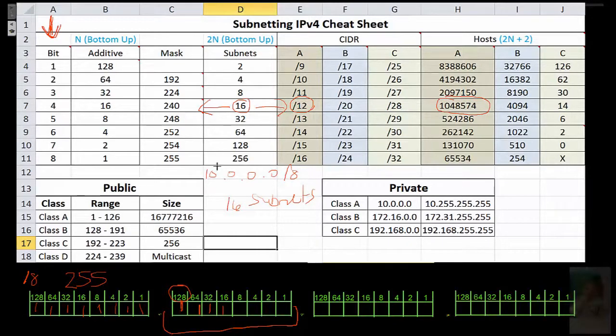And that means networks would start at 10.0.0.0, 10.16.0.0, 10.32.0.0. Why am I just changing this column? I'm just changing that second column because, again, we are talking about this second octet of our mask. We're doing an A right now, a big network, but look how easy this is. It's all relative.